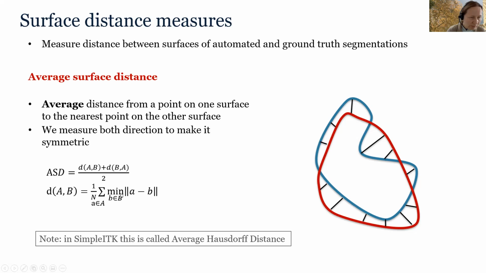But instead of taking the maximum, we will take the average. And again, it's not symmetric, so we will take the average in both directions. Just a little note, we will use SimpleITK to calculate these measures in the tutorial, and SimpleITK calls average surface distance actually average Hausdorff distance.